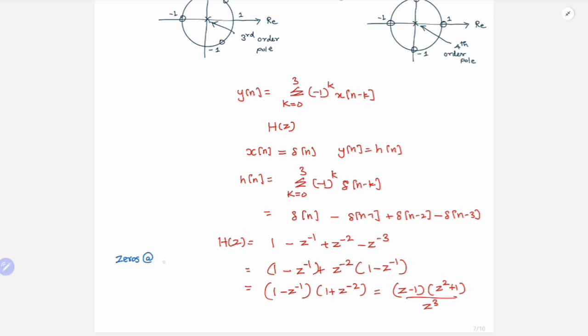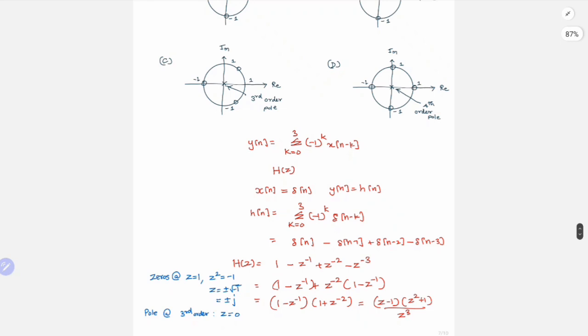So you have zeros at z equal to 1, and z square equal to minus 1, so z equal to plus minus root of minus 1, which is nothing but plus minus j. And we have a third order pole at z equal to 0. So this is what we will get. How will our pole zero plot look?